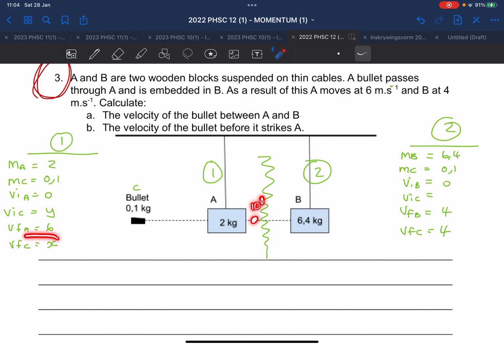What will be the velocity of C before it goes into B? 100. So the final velocity here is the initial velocity there. Okay, so that is X.